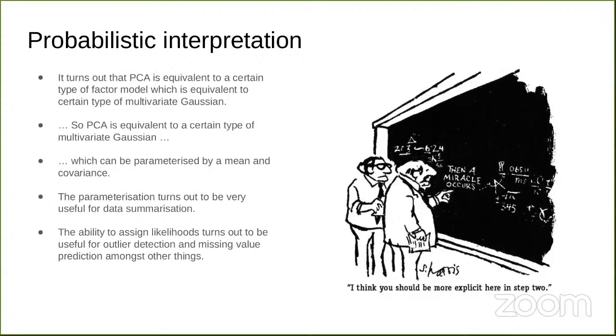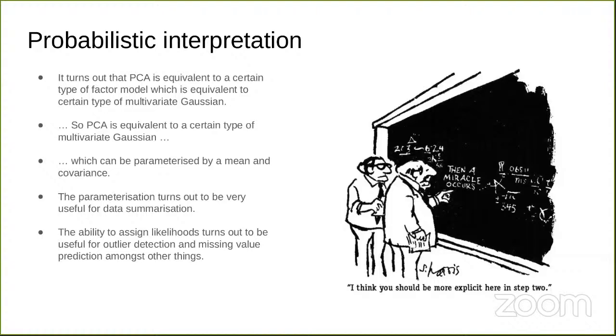And the reason that this is very useful is because PCA is useful for the reasons I've just said, and factor models are probabilistic. So being able to convert from PCA to a factor model enables you to add a probabilistic interpretation to your PCA. As it turns out, PCA is equivalent to a certain type of multivariate Gaussian.